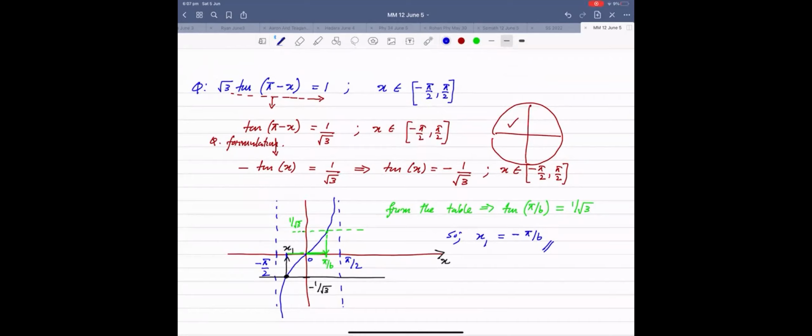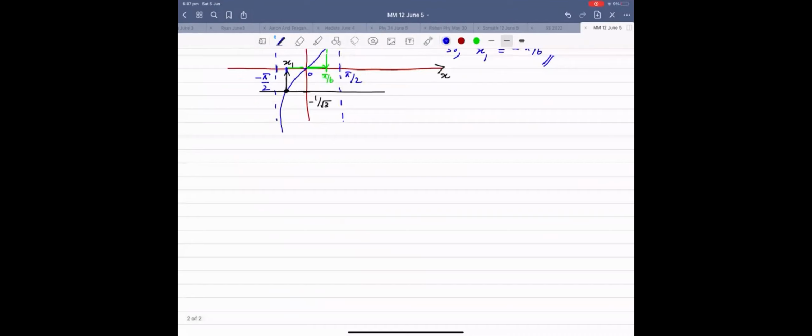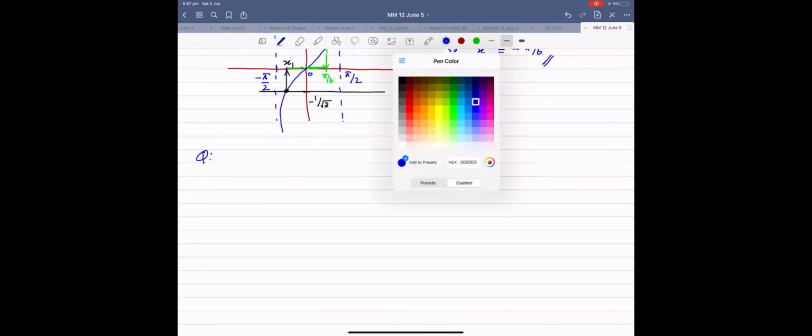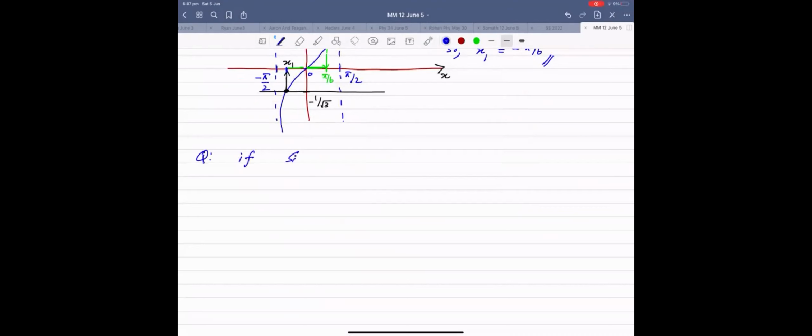Okay. Any questions? No. This one: if sine squared of pi minus x is equal to 1 divided by 2, where x is from 0 to 2 pi, find x.